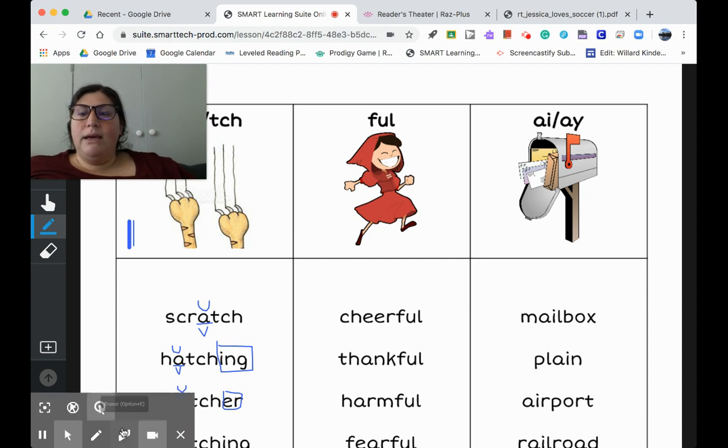I'll just show you the other way to do this one, which would have also been fine. Let me move this up a little bit.